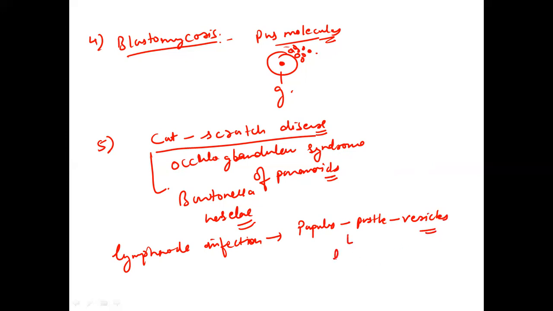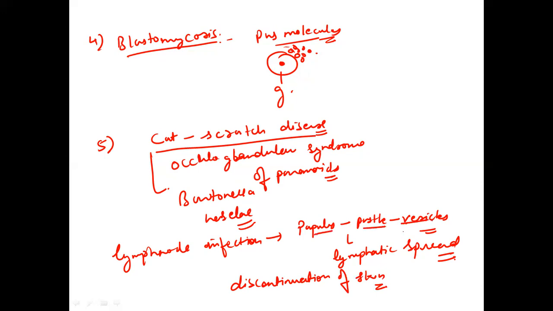So there is basically lymphatic spread, and due to lymphatic spread, it is called a lymph node infection. In cat scratch disease, there is discontinuation of skin. So there is formation of papules first, then pustules, then vesicles. Right. So that's what happens in cat scratch disease.